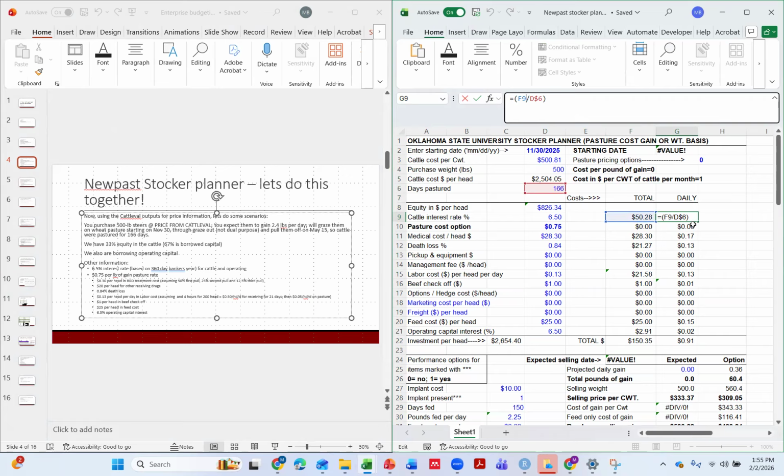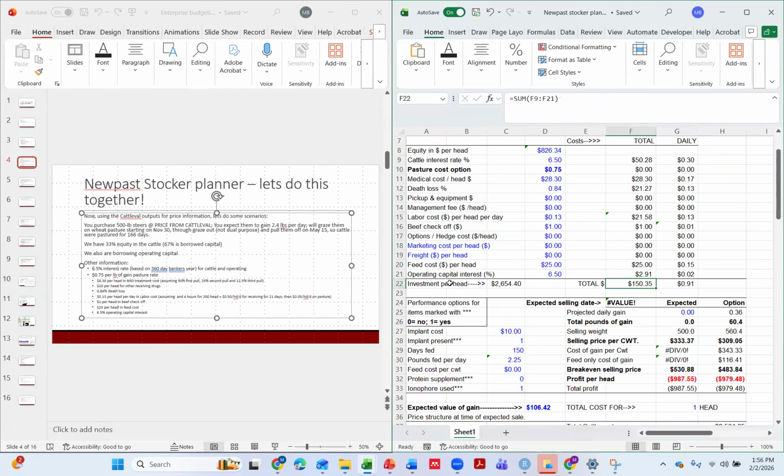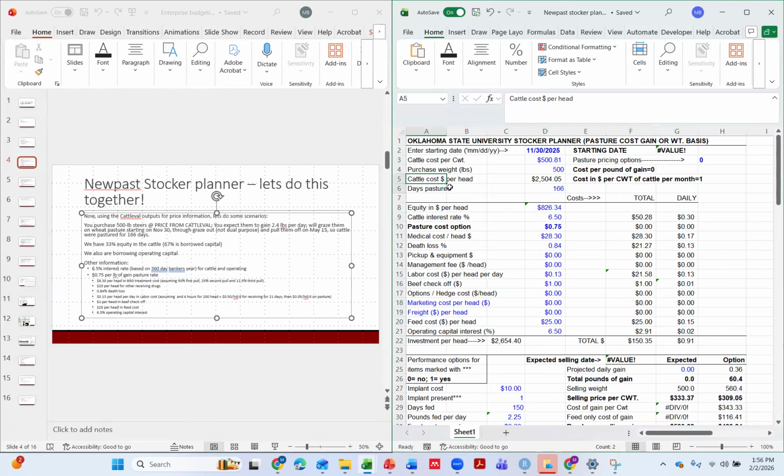For example, cattle interest cost on a daily basis is $50 divided by 166, so that's where they get that 30 cents. The total cost to have one animal go through this stocker system, operating cost, not including purchase price, is $150 per head. To purchase that animal, it costs us $2,500 per head.